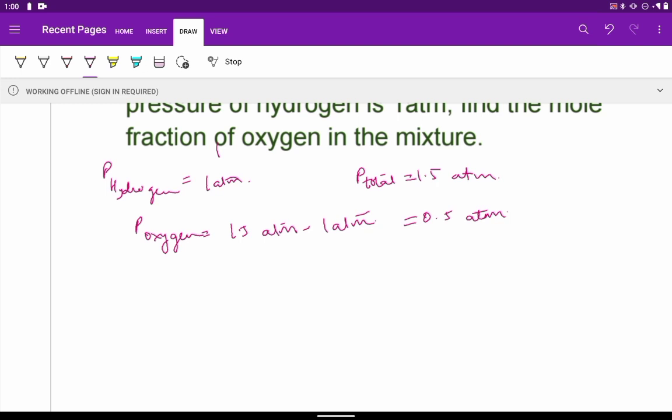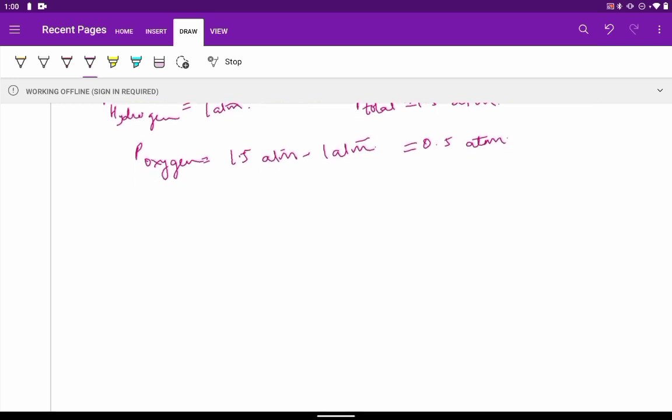Now mole fraction of oxygen will be equal to partial pressure of oxygen by total pressure, that is 0.5 by 1.5, that comes to 0.33. So this is the mole fraction of oxygen.